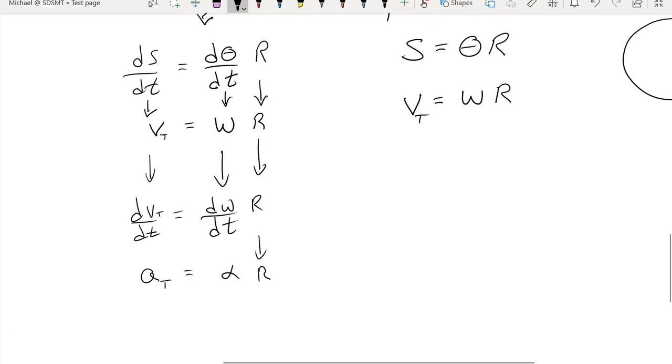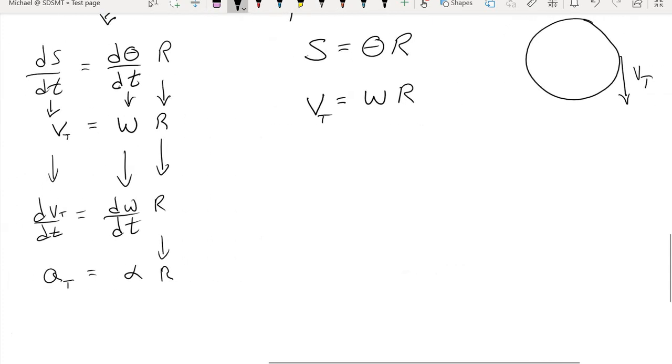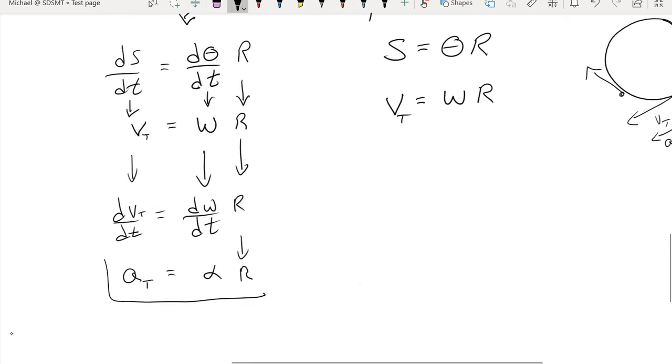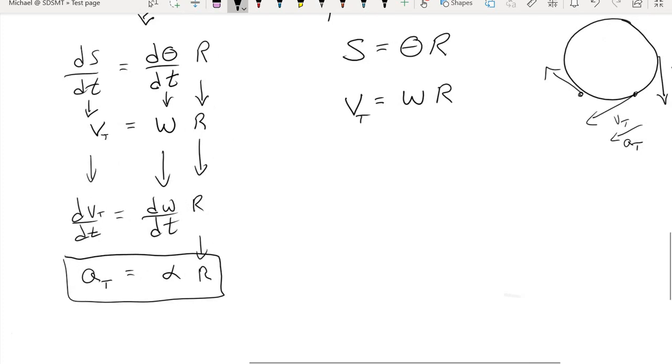But here comes the important part. If our velocity has been tangent to the path of the circle, then if this tangent velocity starts to speed up or slow down, the only way that can happen is if we have some acceleration along the same direction. And so this is actually a brand new term. This is something that we have not seen before.